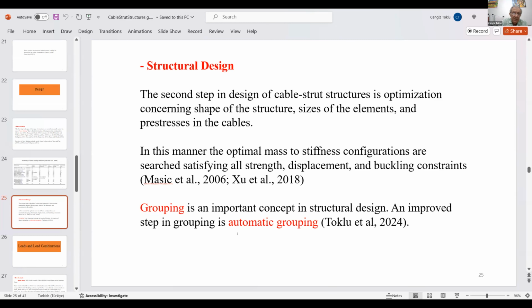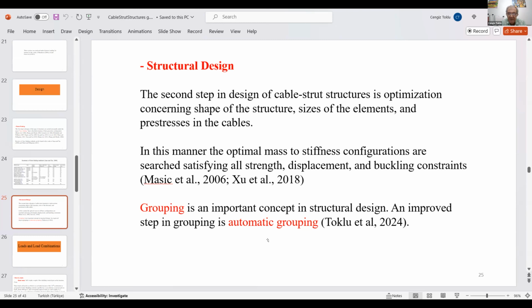Now, here also there is another improvement. There is something called grouping, an important concept in structural design. That means that if you have a structure, then you cannot make it in such a way that every element is optimum. In that case, for example, in a structure with 20 bars, each bar would have a different dimension, a different area.